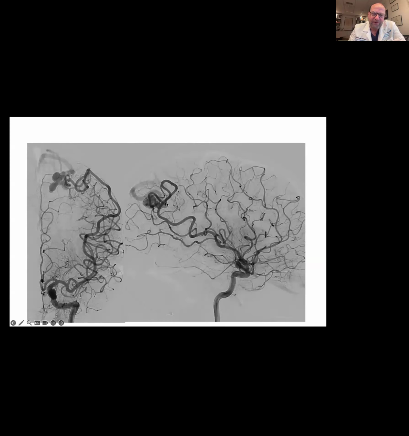But this vessel and this vessel are still feeding the AVM, so our reflux margin is really small. And in these cases, I need to ensure that I will not get my Onyx into the normal vessel, because then the patient will be plegic.